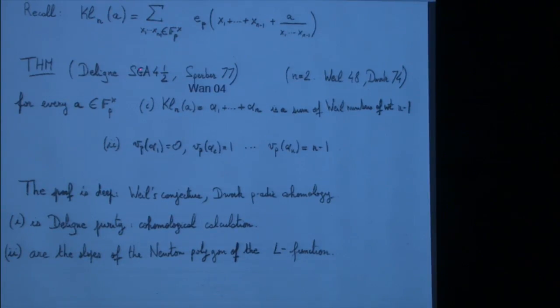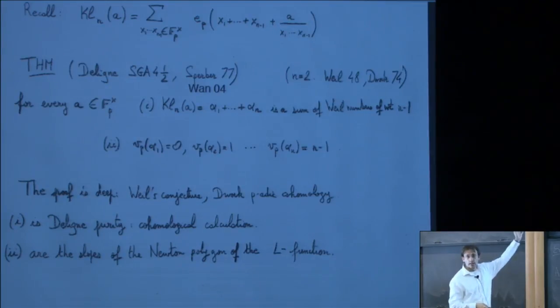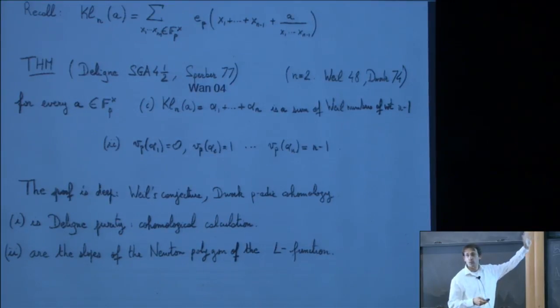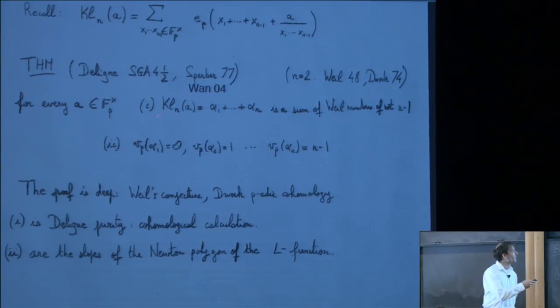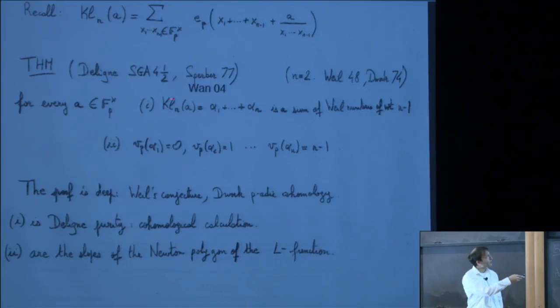So the exact theorem tells you that for any a, so before it was 1, but you can replace this by a, the limit proves that this complex number is a sum of n Weil integers of weight n minus 1. Integers in the sense of algebraic integers. And the weight means the complex absolute value of all its conjugates is p to the (n minus 1) over 2. So this is a precise version of the bound, because you have n terms of this size.